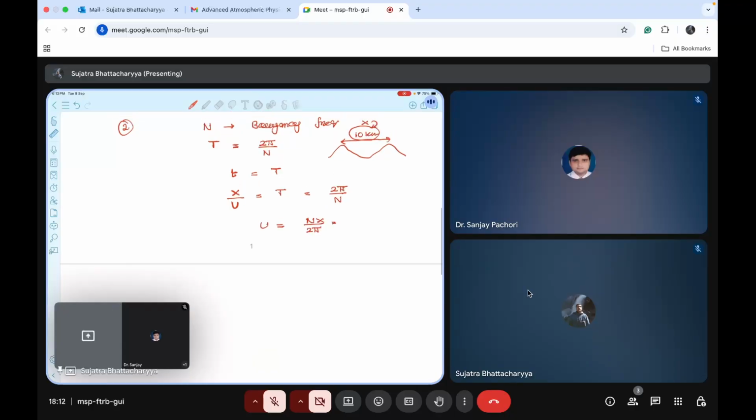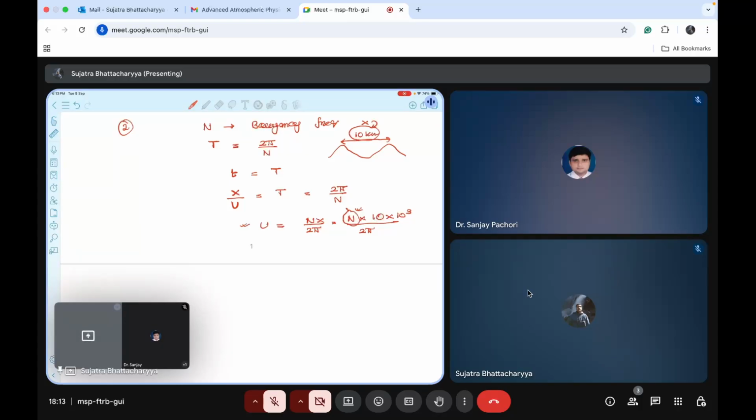Now how will you find N? That is another question. But x is known, so N times x is 10 kilometers, make it in SI units, and divide by 2 pi. Simple. So I now need N to find the velocity of the flow.